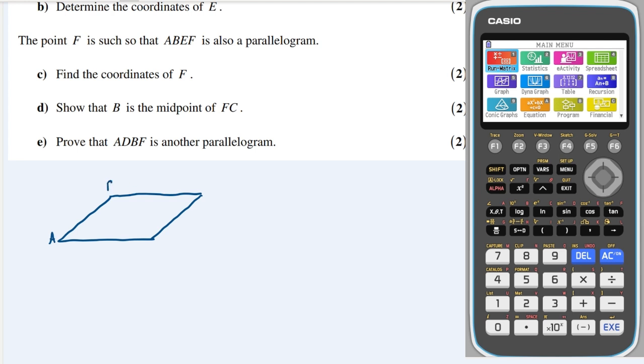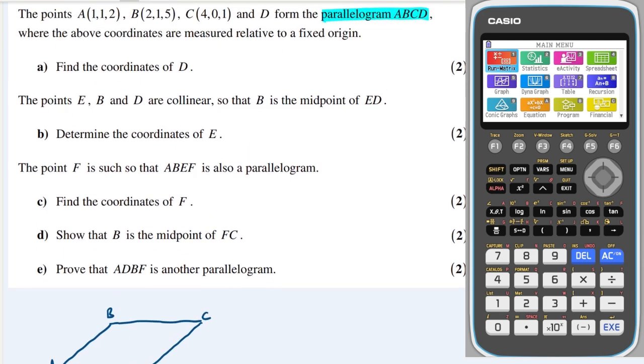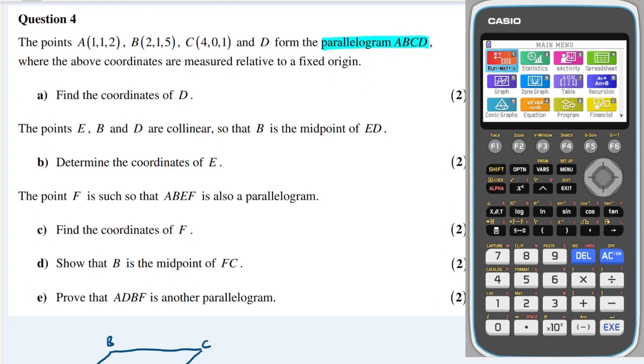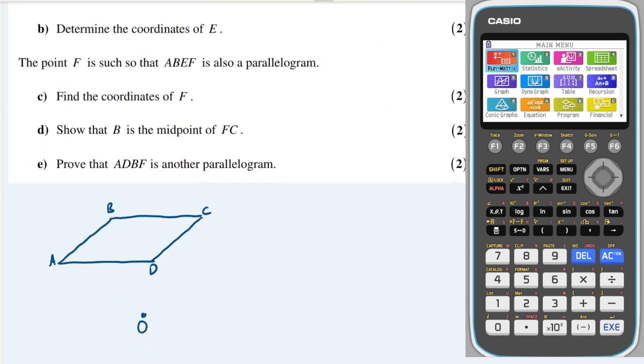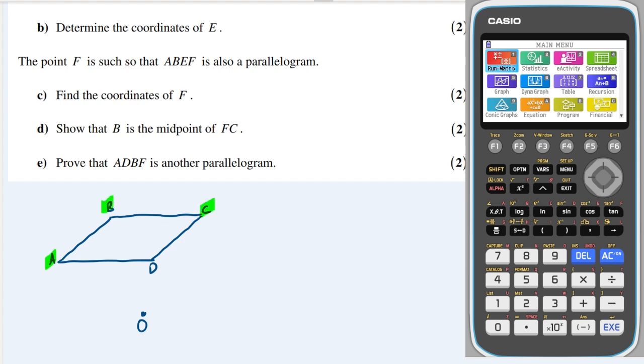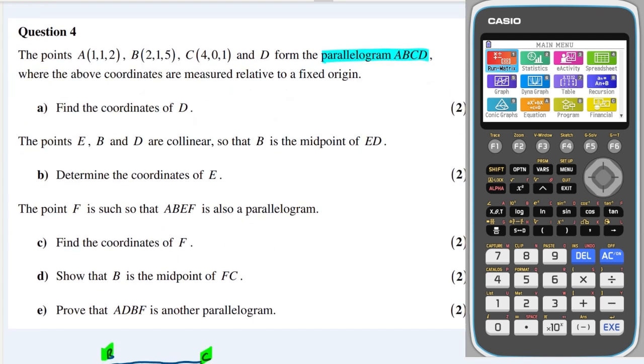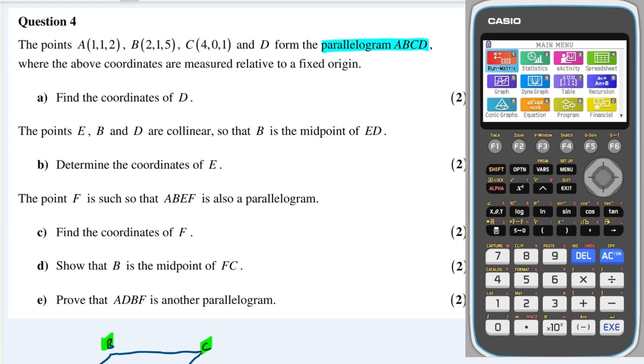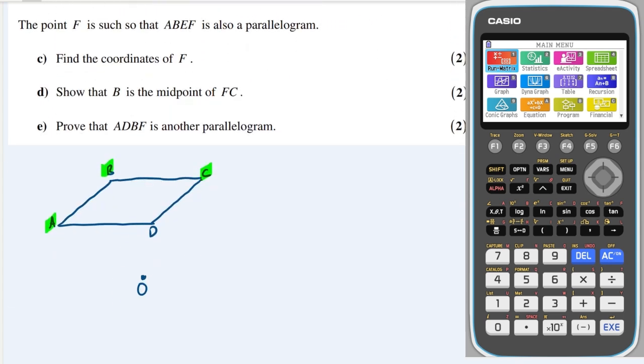So A, B, C, D, and then what I'll do is I'll put a fixed origin down the bottom somewhere. Okay, so which are the ones we know? We know A, B and C. So I can go A, B and C. We know those. And D we don't know, and D is what we're trying to find out. Okay, so we really want OD, the position vector of D.